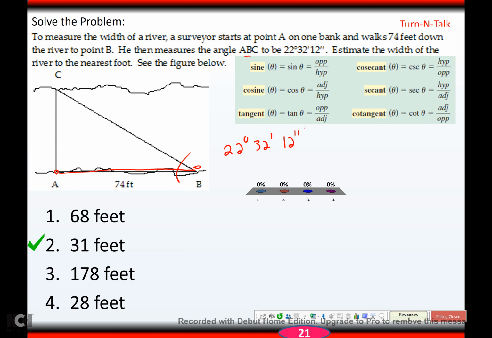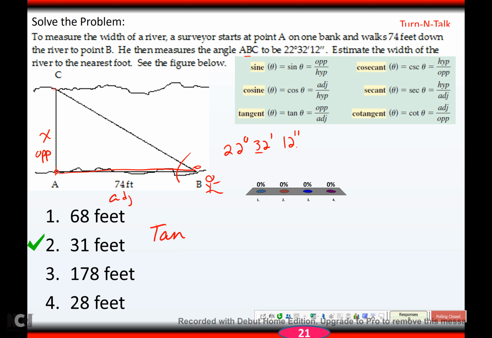Estimate the width of the river to the nearest foot. The width of the river would be the distance between. That's what they're looking for. So if I'm standing here at the angle they gave me, I'm looking for opposite. They gave me adjacent, so I'm going to use tangent.